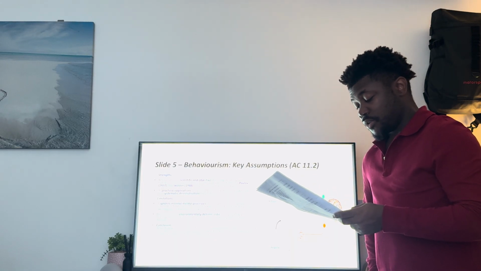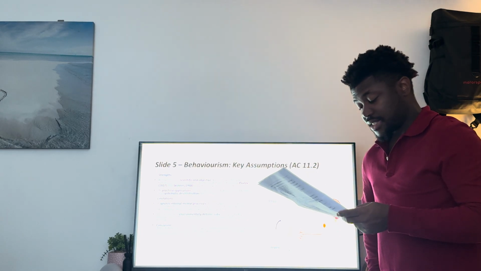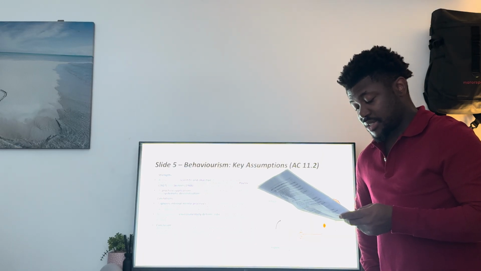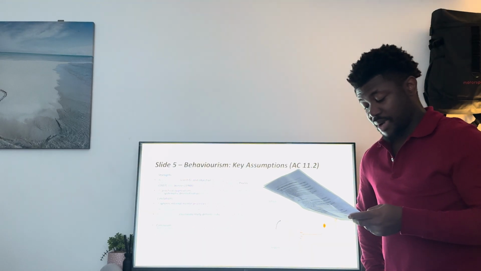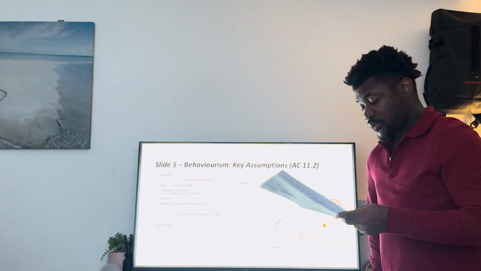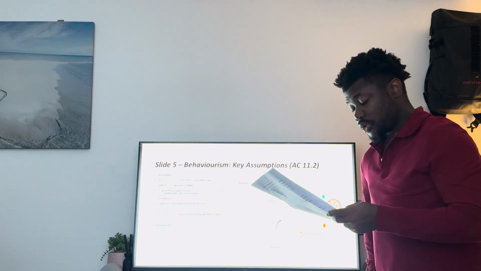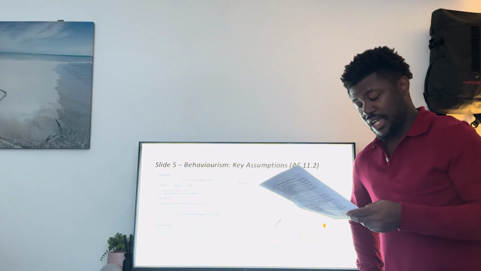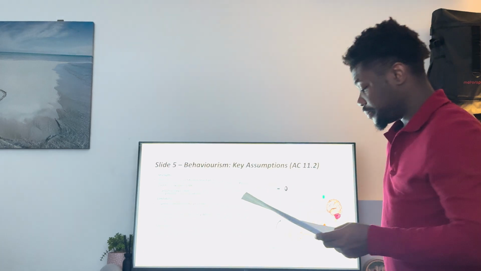However, behaviorism has been criticized for ignoring internal processes such as thinking, motivation, and emotions. It is also environmentally deterministic, implying that behavior is entirely controlled by external factors and that people have little free will. In conclusion, behaviorism is valuable for understanding how learning occurs, but it also reduces human complexity in behavior to simple cause and effect mechanisms.